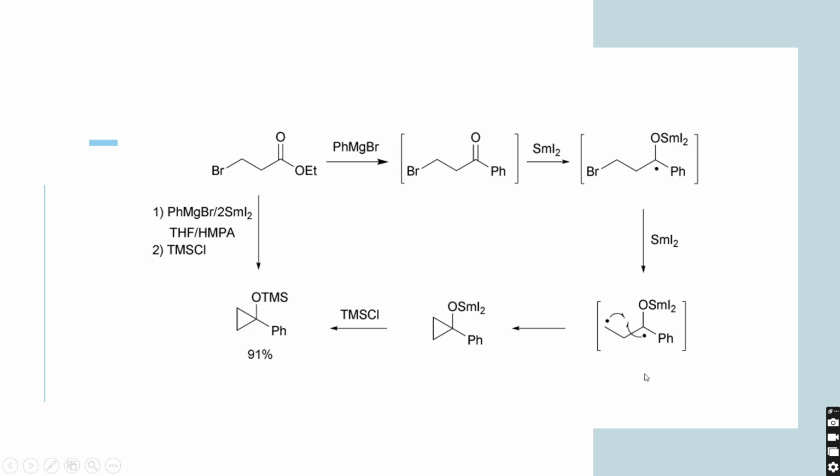So this diradical that is formed will now undergo radical coupling to give us the cyclopropane, where the oxygen atom is coordinating to the samarium atom. And if we add TMS chloride to this reaction medium, the oxygen samarium coordination bond will break to give us the TMS protected alcohol, which is in 91% yield.